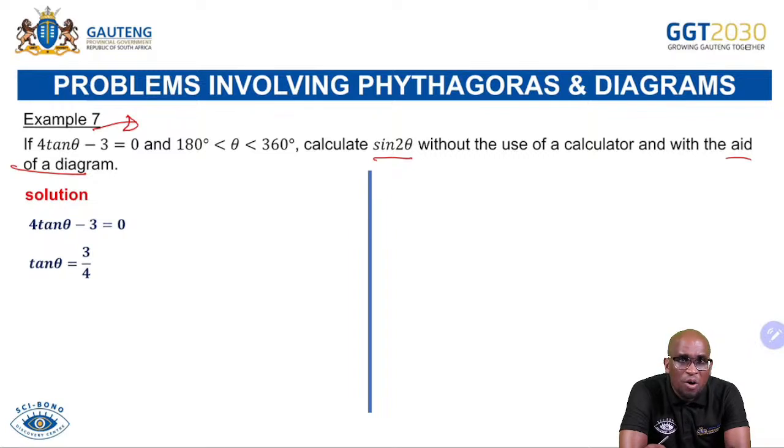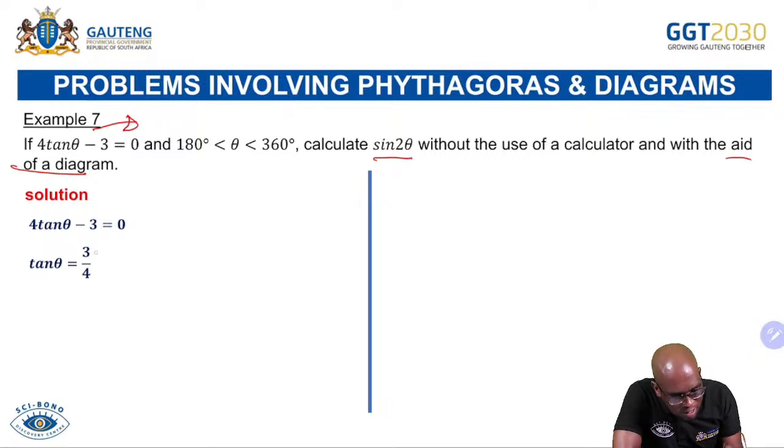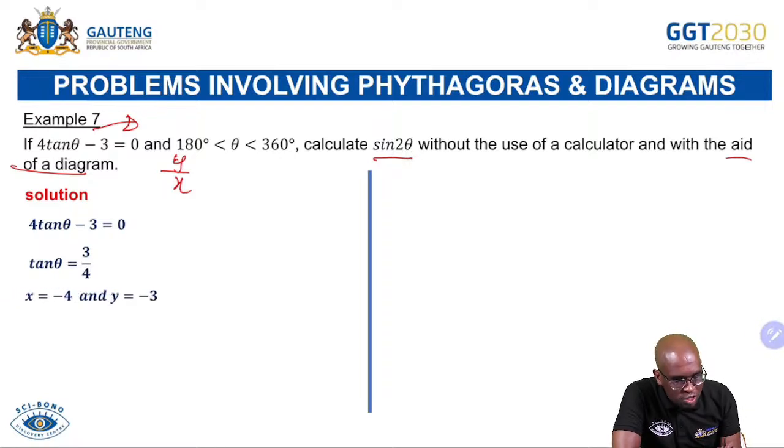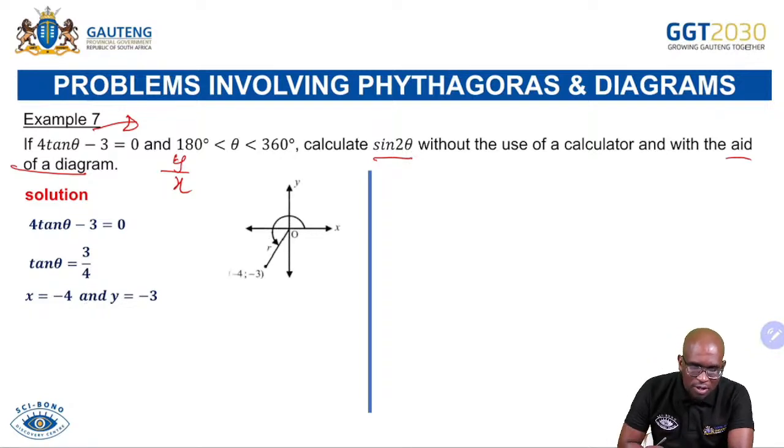is 3 over 4. And then, after working out the tangent of theta as 3 over 4, we know that the tangent is opposite over adjacent. So it's y over x, which means that x is negative 4 and y is negative 3.